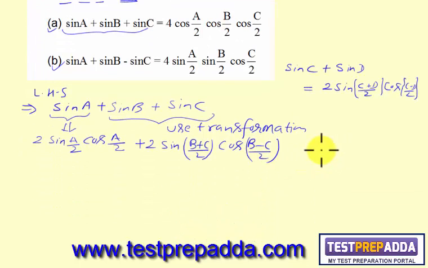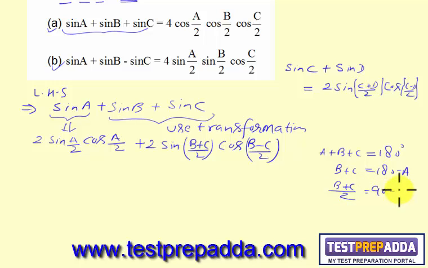Now as given, A plus B plus C is equal to 180 degrees. Okay, so B plus C will be what? 180 minus A. What will be B plus C by 2? It will be 90 minus A by 2. Okay, so if I take sine on both sides, because we want sin B plus C by 2, so sin of B plus C by 2 will become sin of 90 minus something.